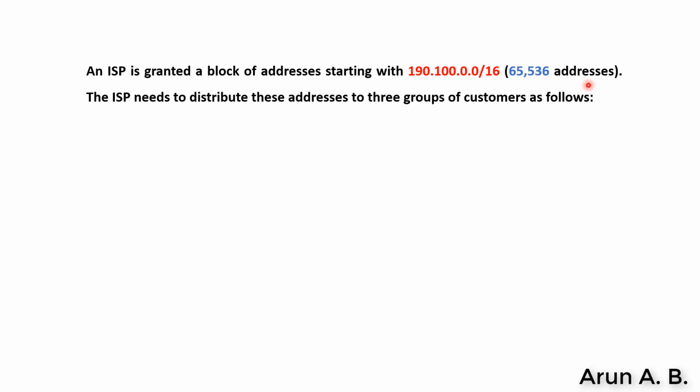As you can see, /16 indicates there are 16 bits for host ID and 16 bits for network ID. So 2 to the power of 16 will give us 65,536. So we can have this many addresses assigned under a single IP address.